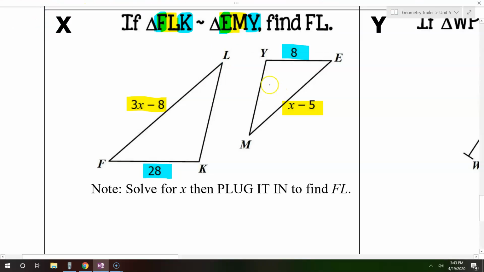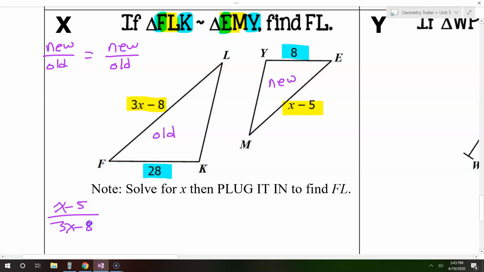All right, now pick one triangle to be new and the other one to be old. It doesn't matter which one is which, but set up your equation in the form new over old equals new over old. If you look at the yellows, new over old will be x minus 5 over 3x minus 8.